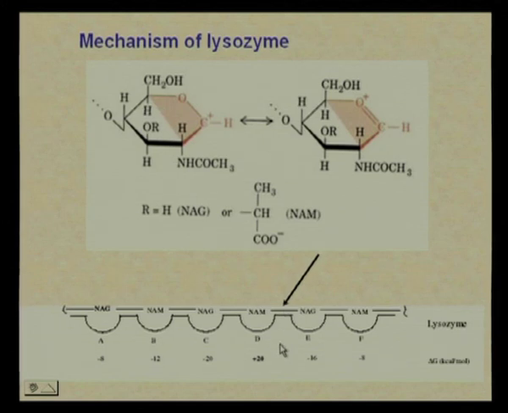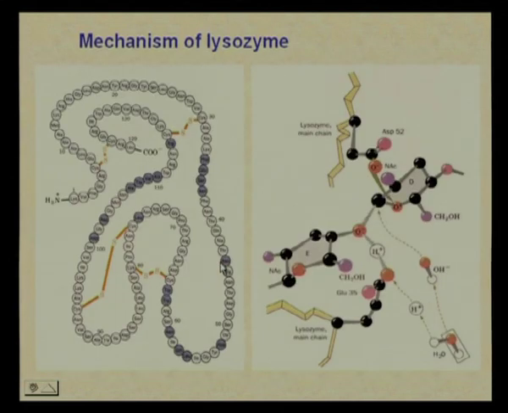It cleaves between rings or rather sugar moieties or rather rings D and E. So, the active site of the lysozyme fits these 6 sugar moieties, and after it fits these 6 sugar moieties in its active site groove, it cleaves between rings D and E, which is basically what we saw in the previous slide.